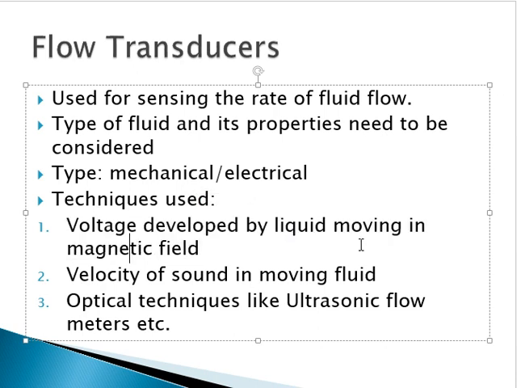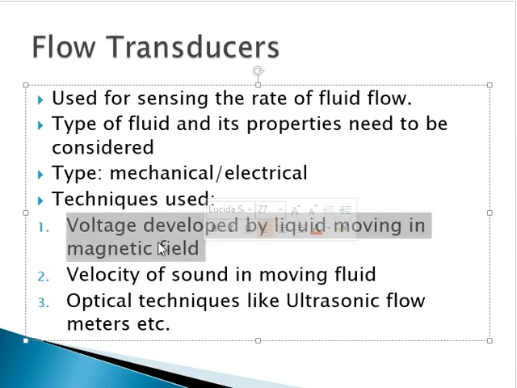Secondly, we can also measure the velocity of sound in a moving fluid, and based on that we can measure the rate of fluid flow. Another technique is the optical technique, like an ultrasonic flow meter. These three are famous.